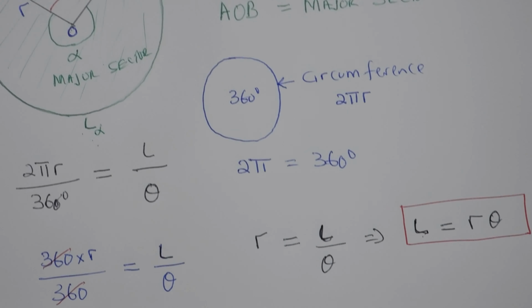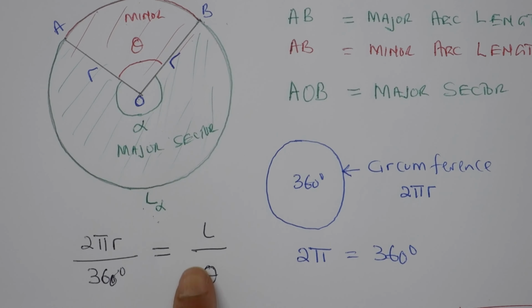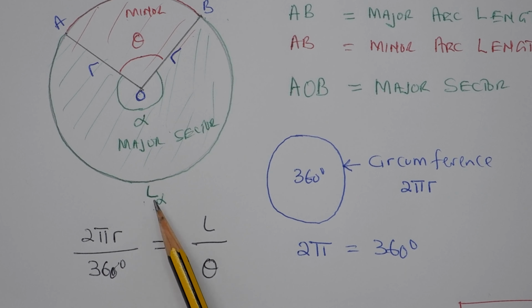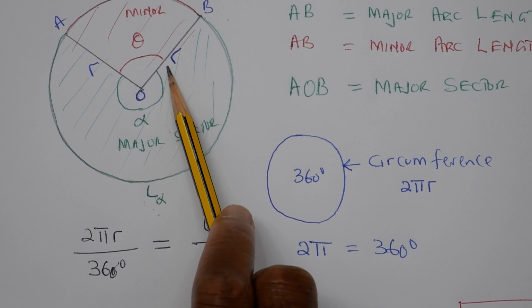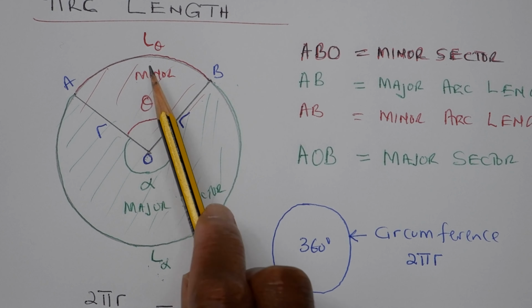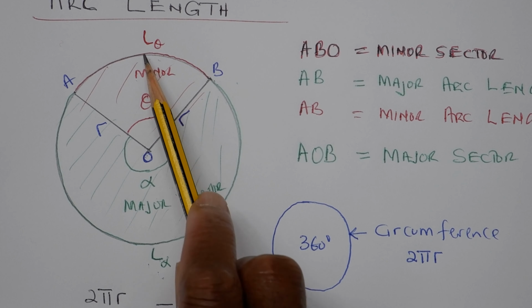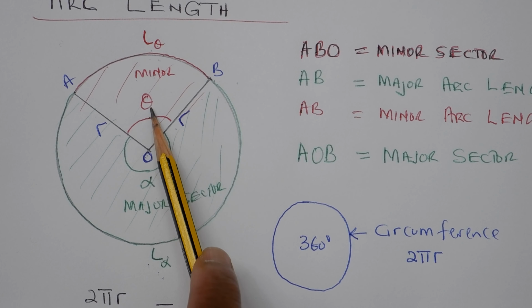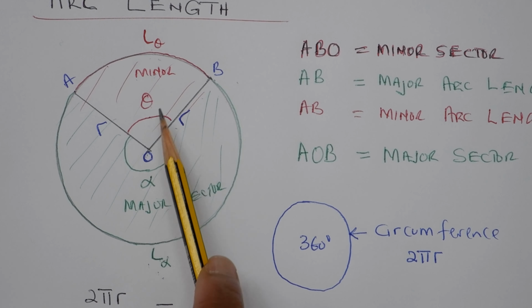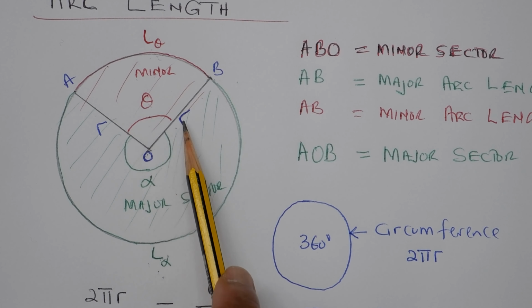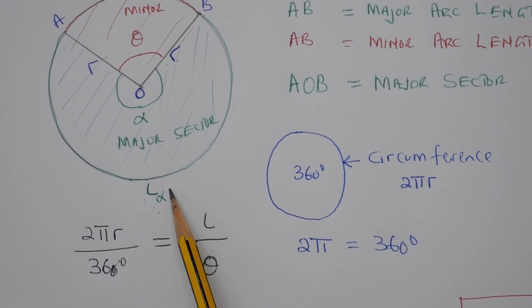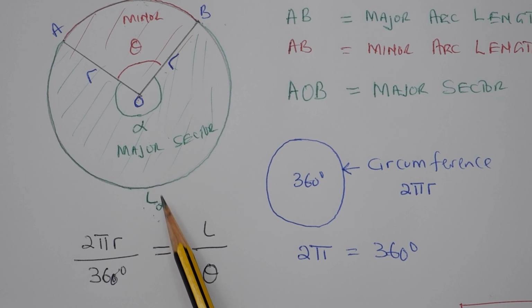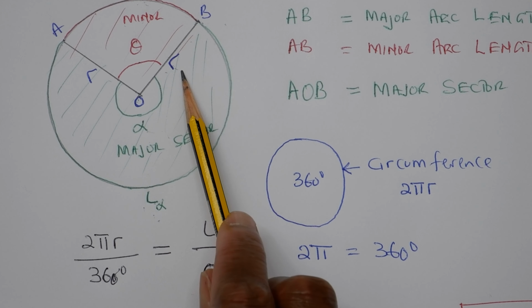It depends which arc length you're looking for. If you want to find this one, it will be L divided by alpha equals r. Or if you're looking for the arc length here, it will be L divided by theta equals r. Or you might say L equals r times theta. Or this L here will be L equals alpha times r.